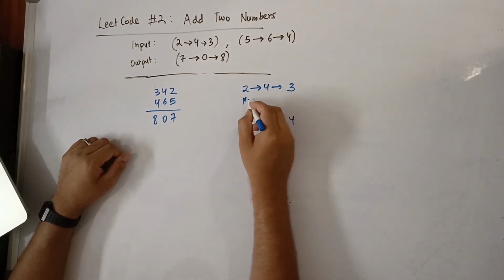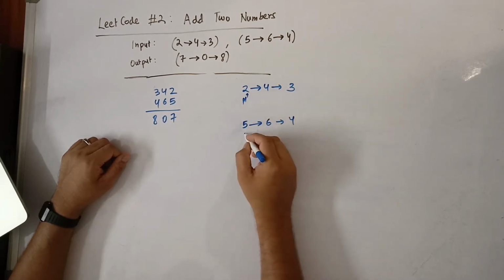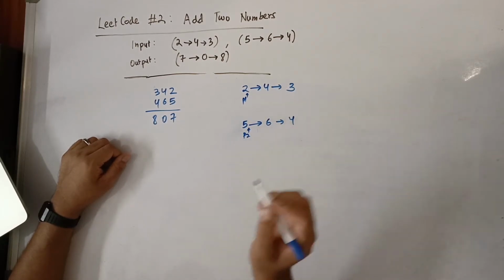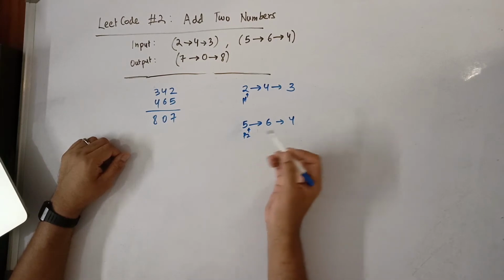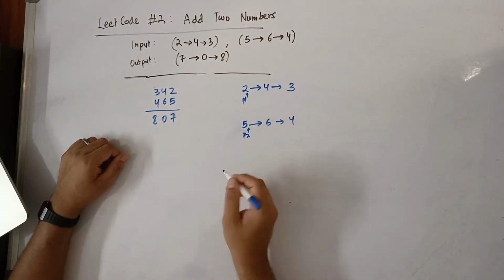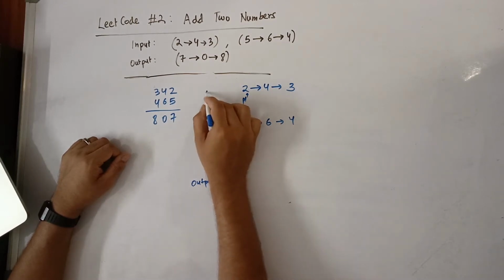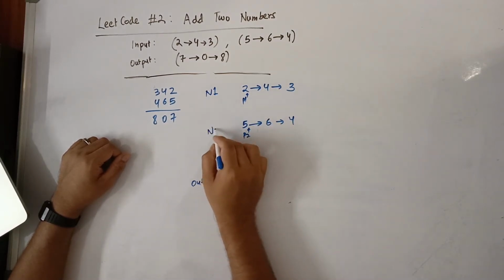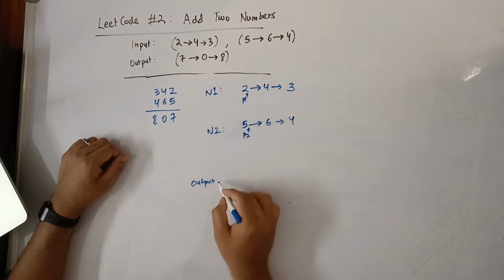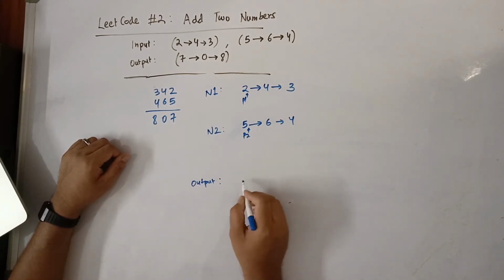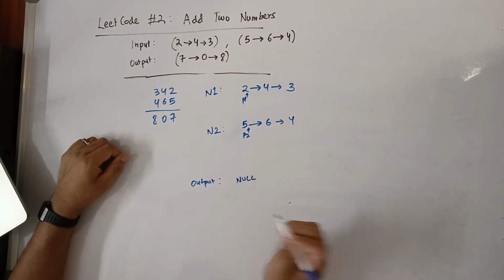Let's put a pointer over here, P1, and another pointer P2 over here. What we have to do is output another linked list. So this is number 1, this is number 2, and this is the output. Currently the output linked list is empty, it's null basically.